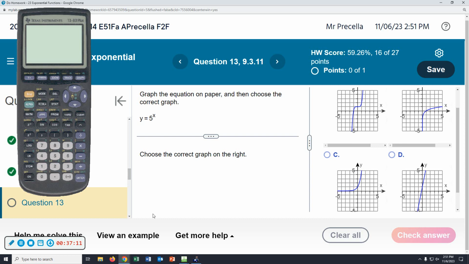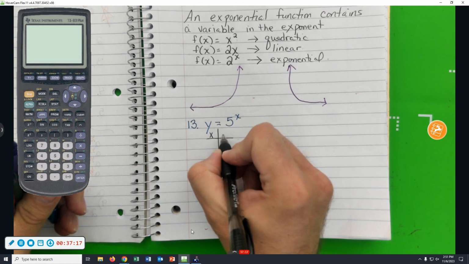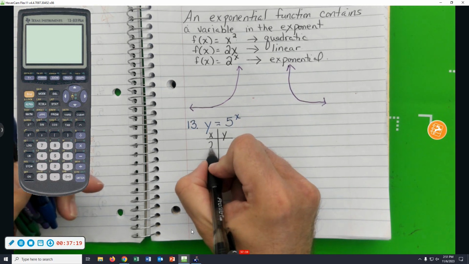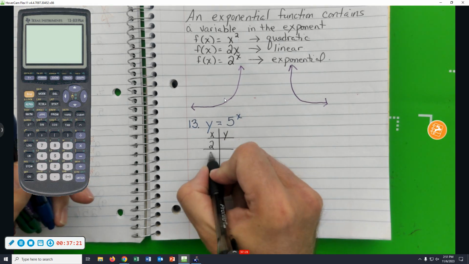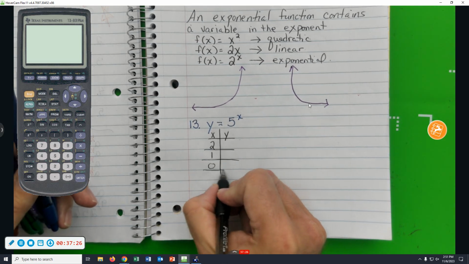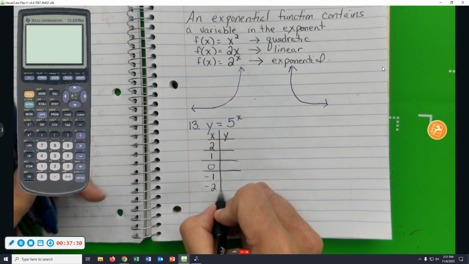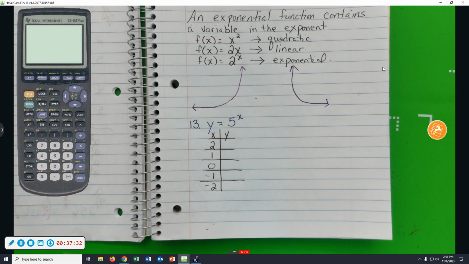I'm going to show you how to graph this. My advice, you know the general shape, and you don't have to use a lot of points. You just need maybe 3 points. Does it give a shape like this A, or a shape like B?